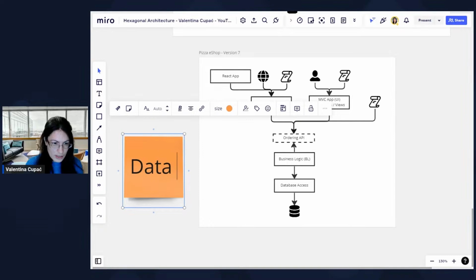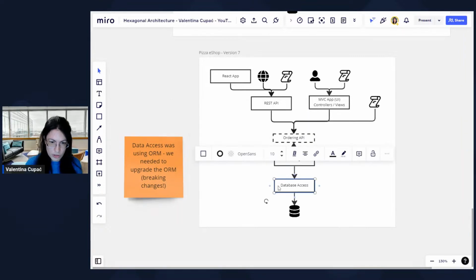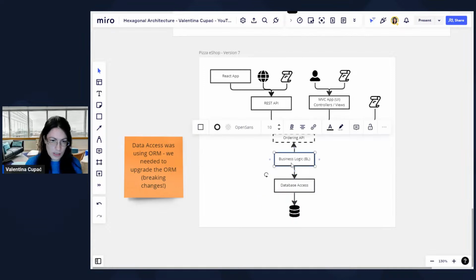Our data access was using an ORM, and we needed to upgrade the ORM. This caused breaking changes everywhere. Since our business logic was dependent on the database access, it means the business logic was using the ORM entities and ORM repositories everywhere.